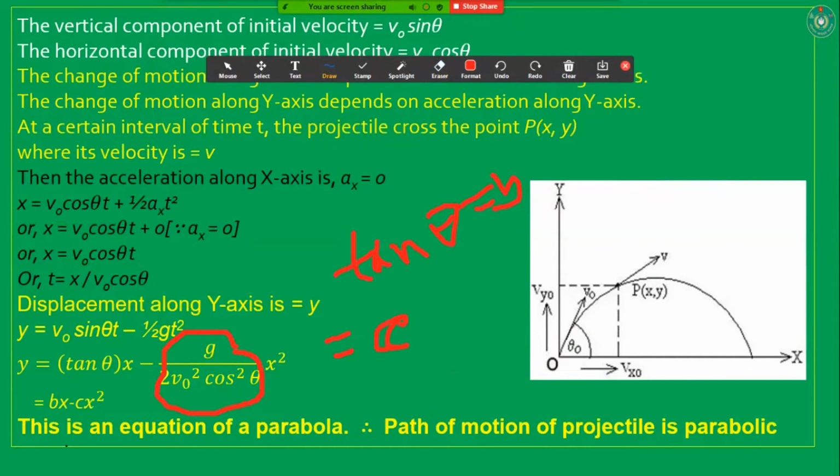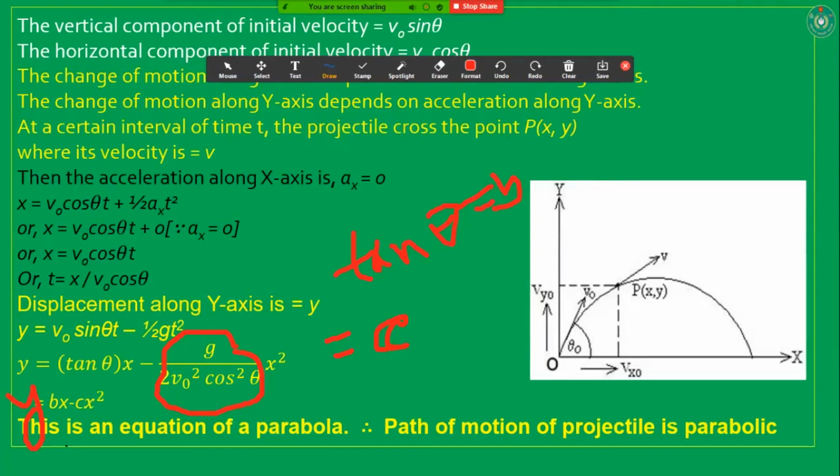So we are getting y is equal to b x minus c x square. This is the equation of a parabola. So the path or trajectory of projectile motion is parabolic.